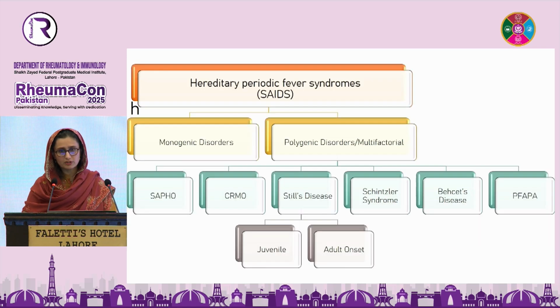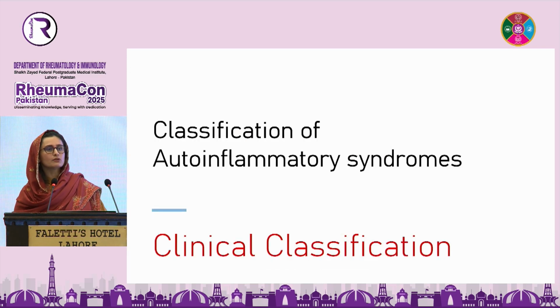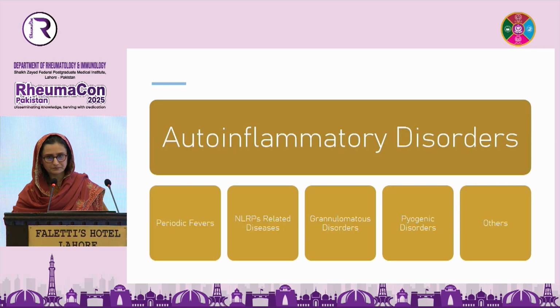If we talk about polygenic disorders, again, there's a huge list. These are only some of the diseases that I've mentioned. Overall, we have more than 60 disorders. Just keep that in mind. And lastly, we can also classify them according to their clinical presentation. And this is what I'll be discussing today in my talk.